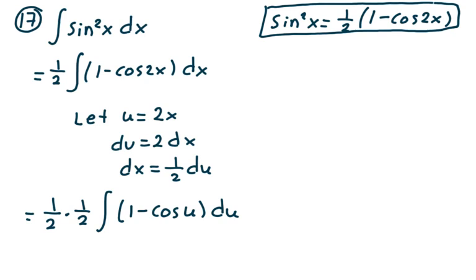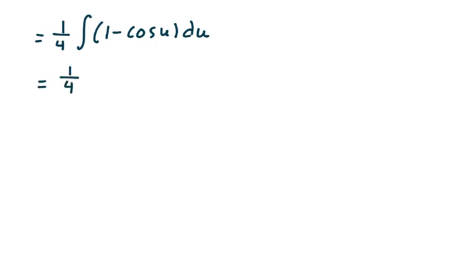But 1/2 times 1/2 is a fourth. So this is 1/4 the integral of 1 minus cosine u du. And if I go to integrate, I get 1/4 of u minus sine of u plus some constant c.